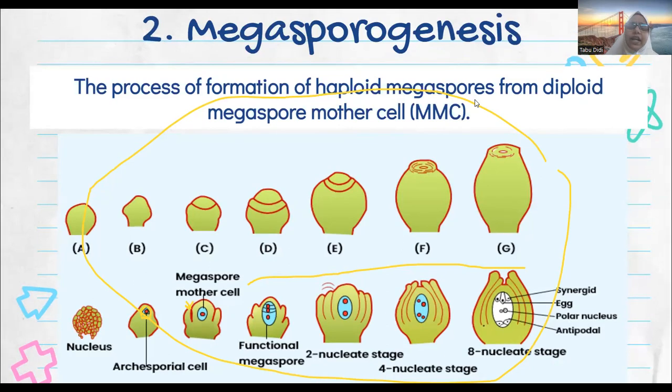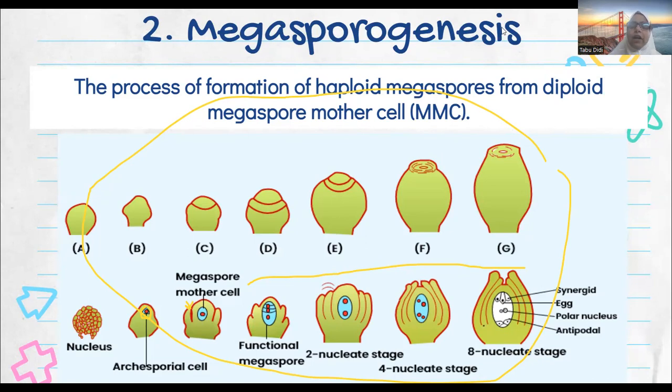So in one line, you should know what megasporogenesis is: just the formation of the daughter cells, which will be haploid in nature. The daughter cells are known as megaspores, from the diploid parent cell. The diploid parent cell is known as MMC, the megaspore mother cell.